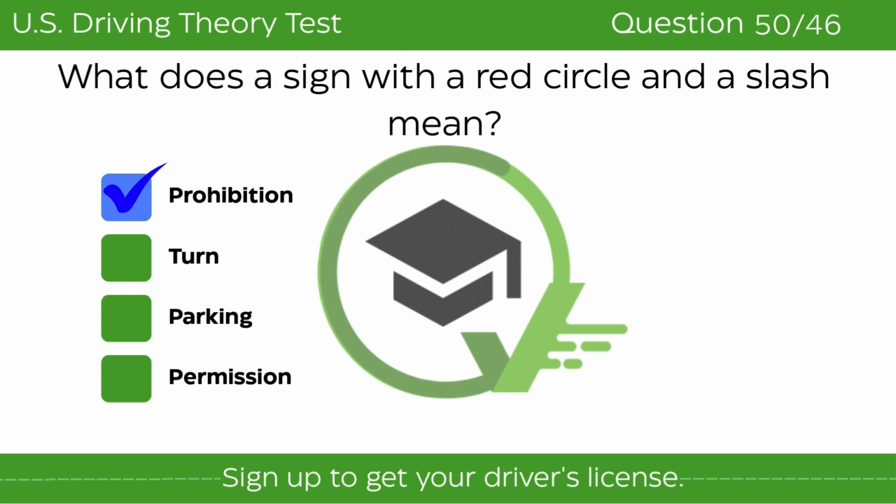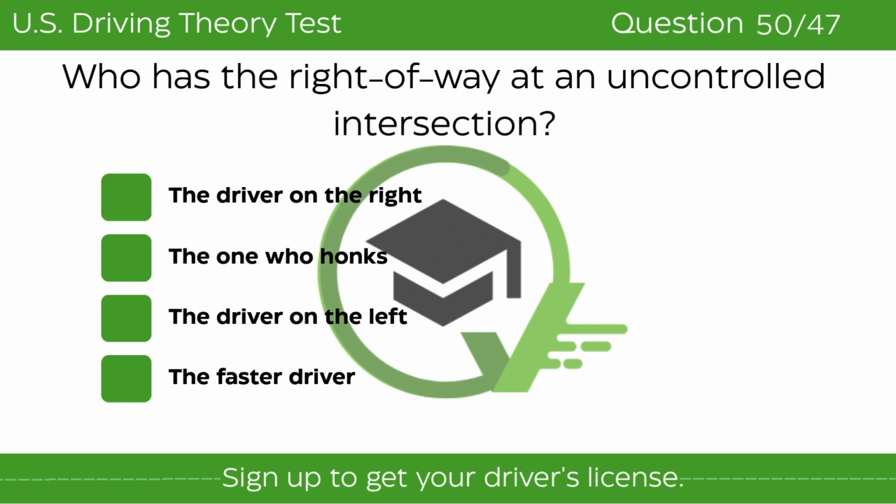A. Prohibition. Question 47. Who has the right-of-way at an uncontrolled intersection? A. The driver on the right.